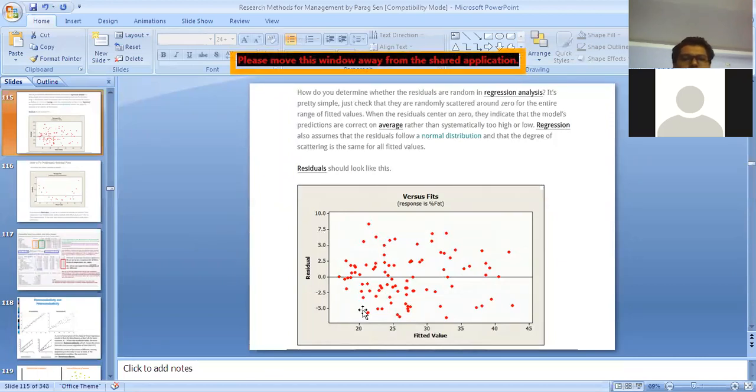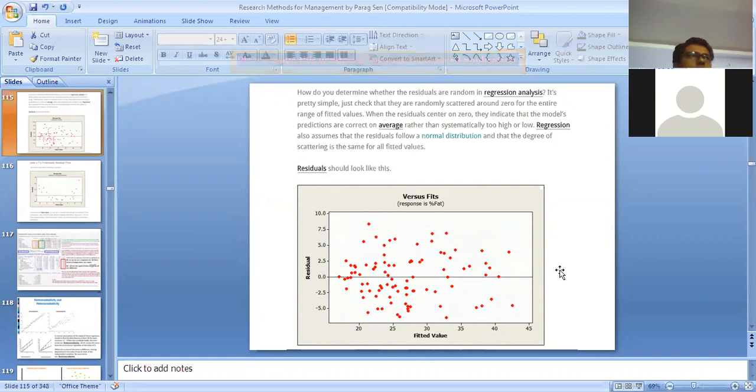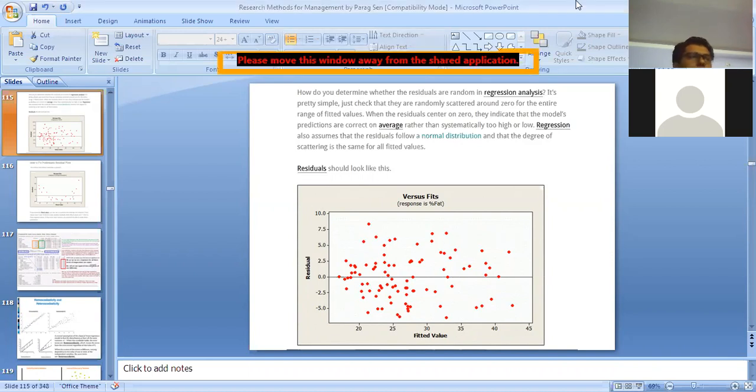What is the fitted value? You can see that along the x-axis the fit is plotted, and along the y-axis the residuals are plotted. What is fit? I have already told you that from the regression equation that you find based on your sample, you put the values of the x's in the regression equation and find the y value, the estimated value.